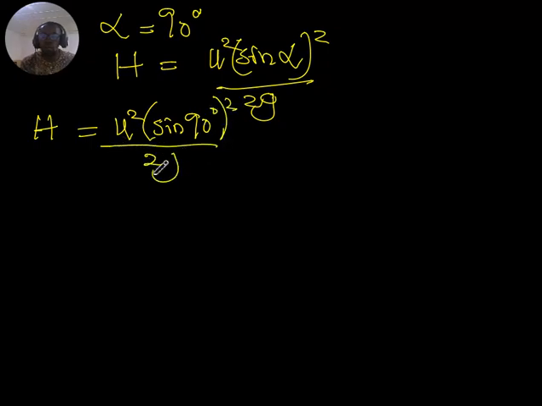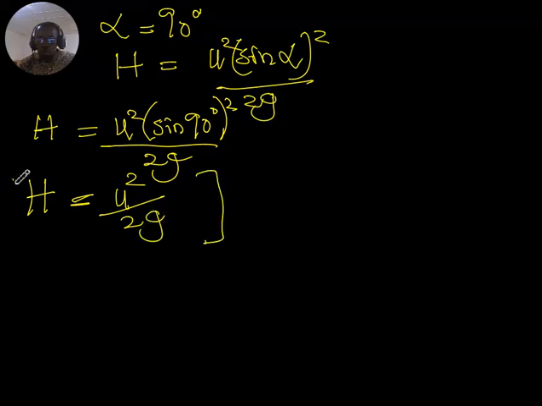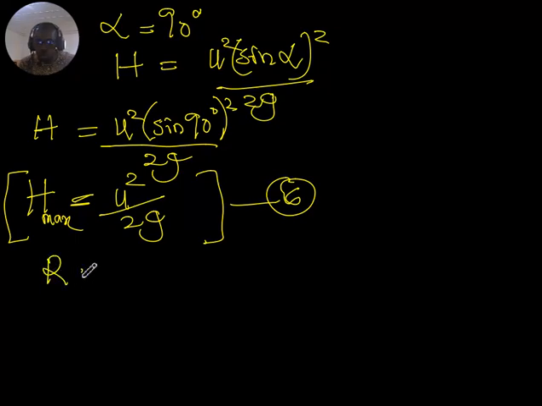Note sine 90 is 1, so 1 squared is going to give 1. Then you have h here to be u squared over 2g. Now this is known as maximum height attained by projected body. Call that equation 6.